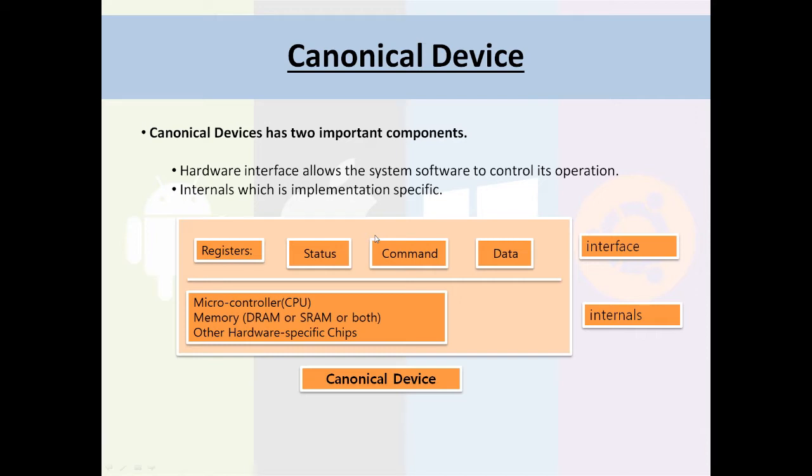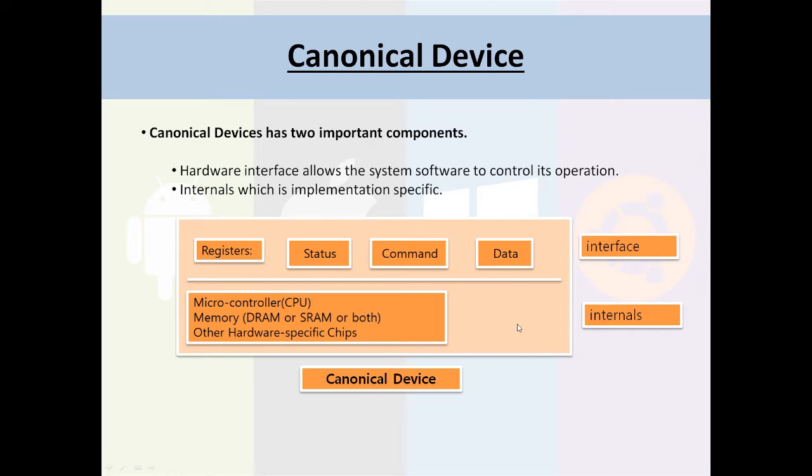The second part of any device is its internal structure. This is the part of the device which is implemented in a specific way based on that specific device, as well as the specific company. So not all keyboards or mice or screens are obviously exactly the same underneath. This is, like I say, the internals, right?